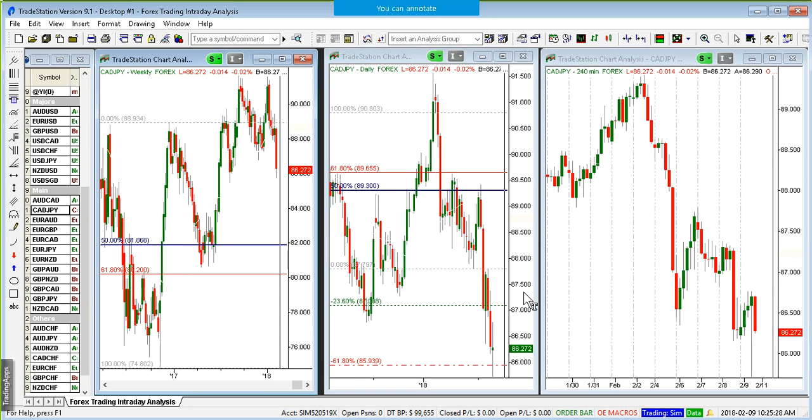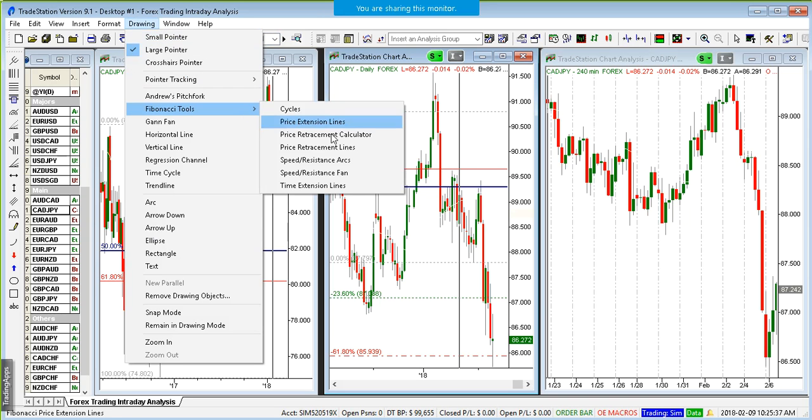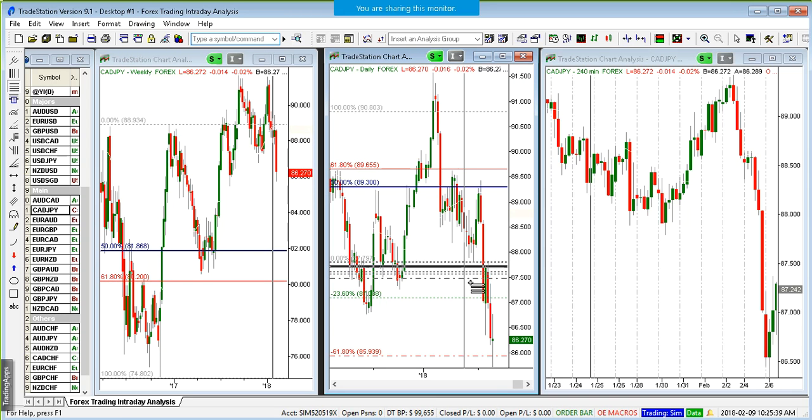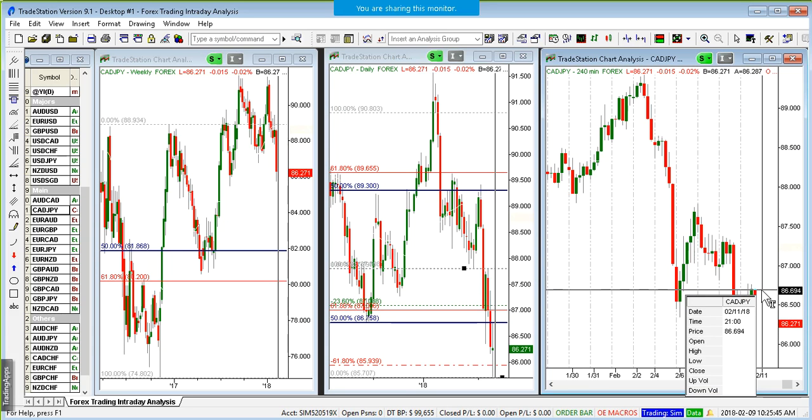So that correction could be dictated by the sequence of move here. So the next sequence is going to be this extension here, and when we look at the charts and the 4-hour time frame here as well, we know that this extension has traded already and is trading at the moment.